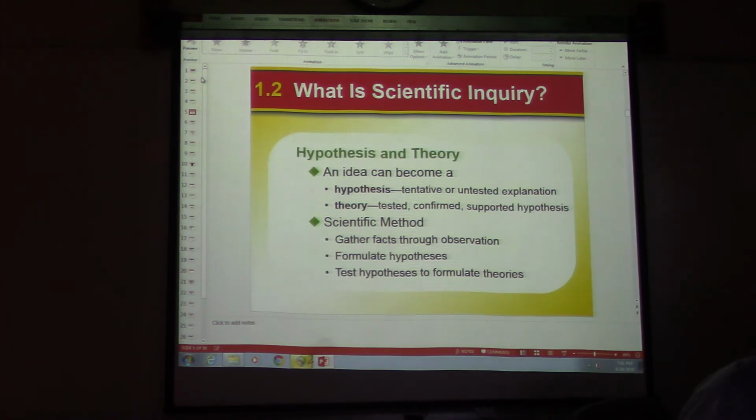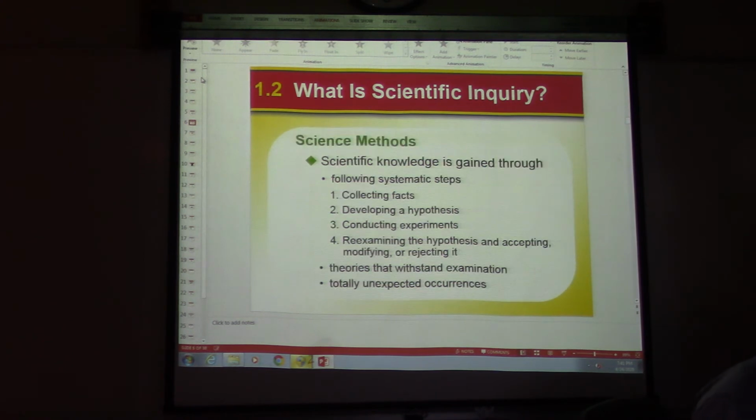Okay, next one, scientific knowledge. So what is scientific knowledge? These are the different parts of scientific knowledge. It is gained through systematic steps. First is collecting the data and facts, developing a hypothesis, and conducting experiments because you want to prove your hypothesis. Then re-examining the hypothesis, accepting, modifying or rejecting it, to match your hypothesis.